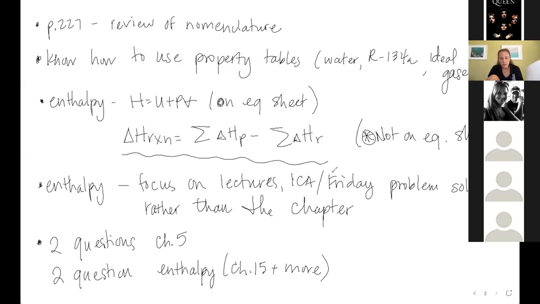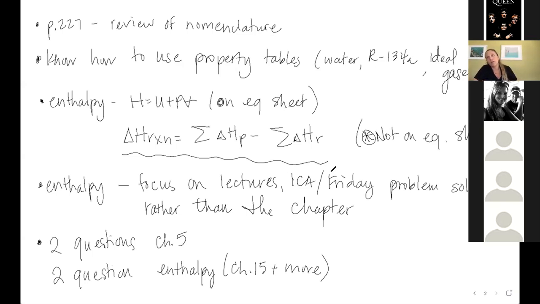So the other thing that's not on the equation sheet is the fact that enthalpy can be additive. So, in the example problems we've been working where you have like 3 equations and you want to find the overall equation for the reaction, you can add up those enthalpies. There's technically an equation for that, right?